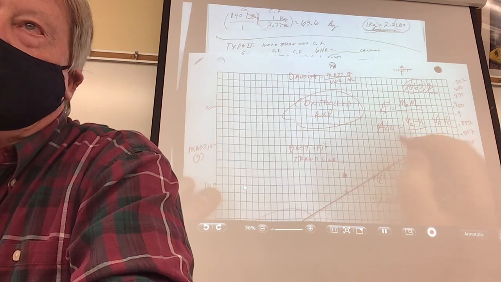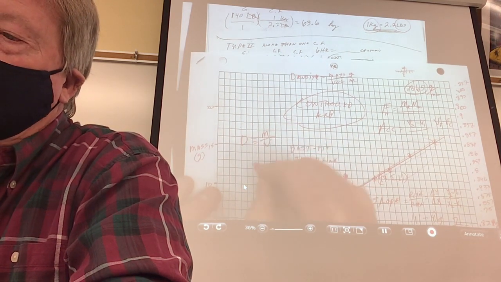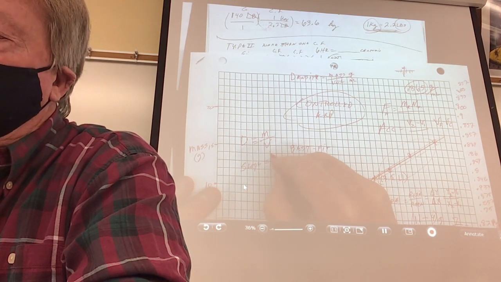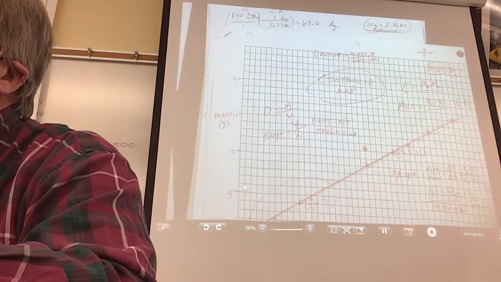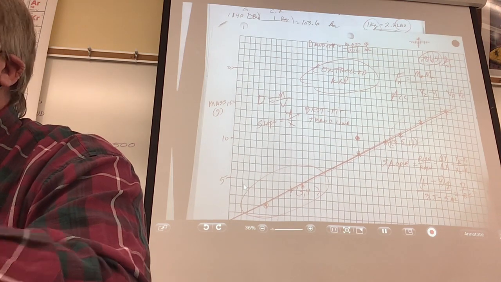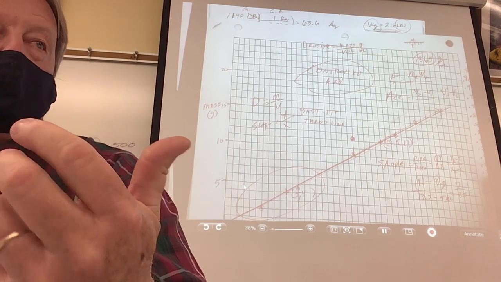Why is the slope of this line density? Because density equals mass over volume. But slope equals whatever's on the y-axis divided by what's on the x-axis. So why did the person want volume to be their independent variable? Because they wanted to find the slope, which would have been the density.